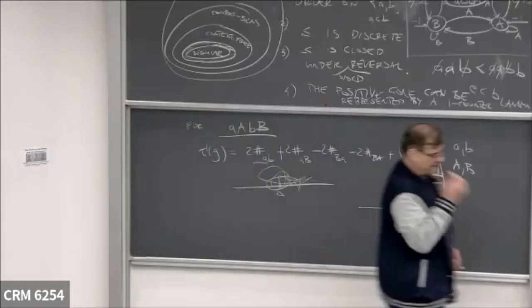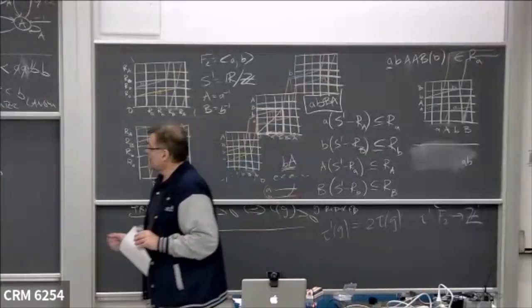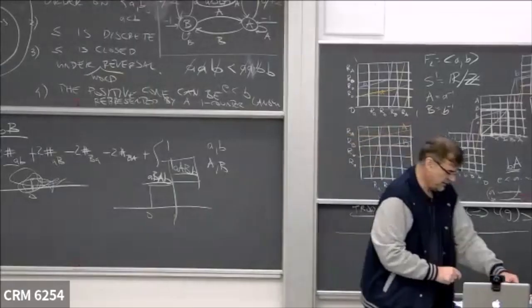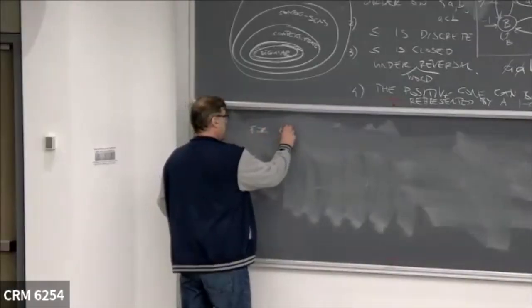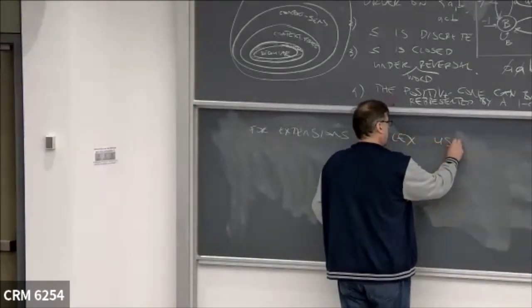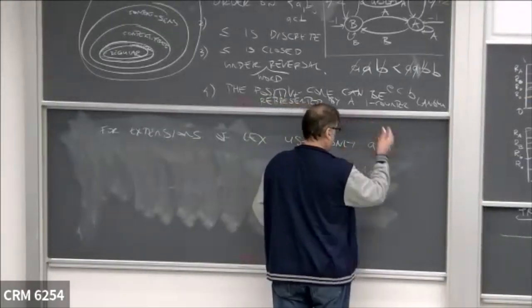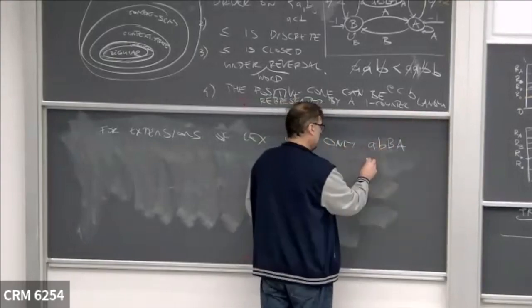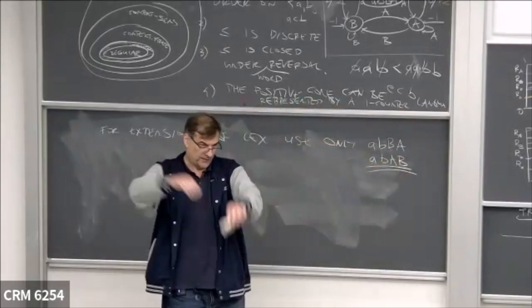Now, if I want to create only, say, extensions of the lexicographic order, maybe I should start erasing stuff. For extensions of lex, use only A, B, BA, the one that we started with, and A, B. Just use these two and alternate them any way you want.